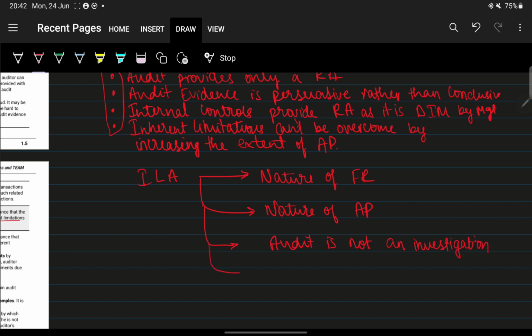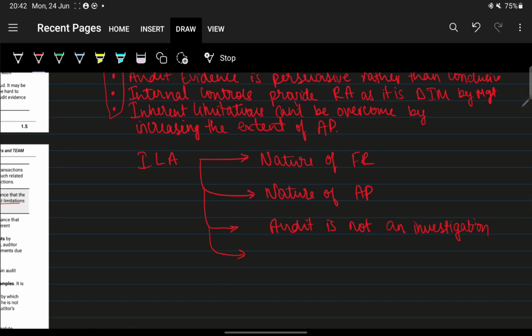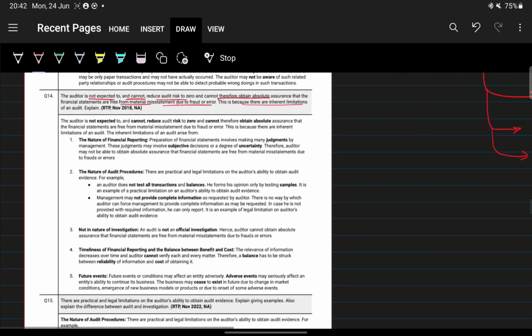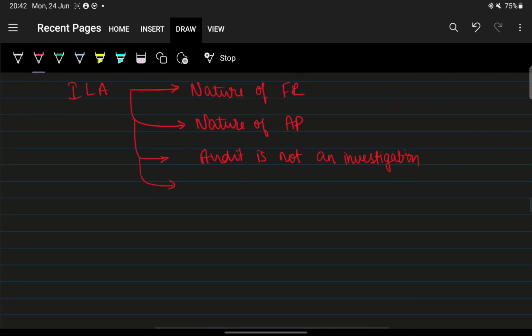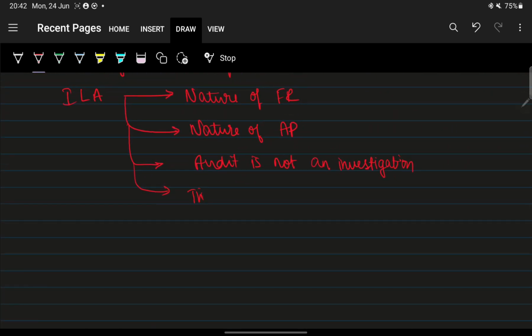And the 4th point, what else was there? Timeliness and relevance of information, and lastly future events.